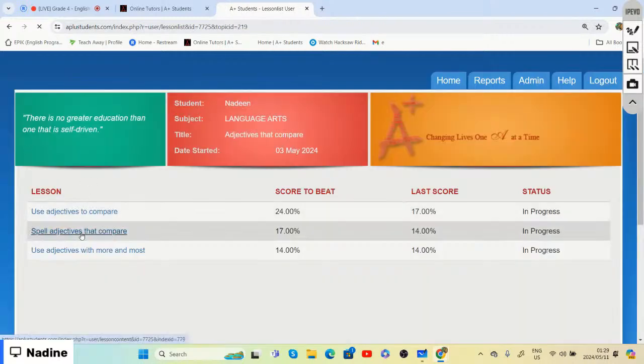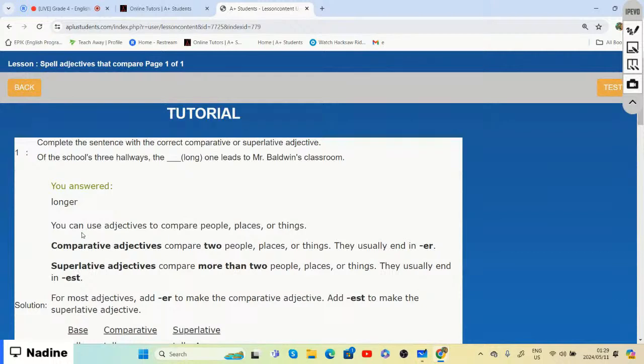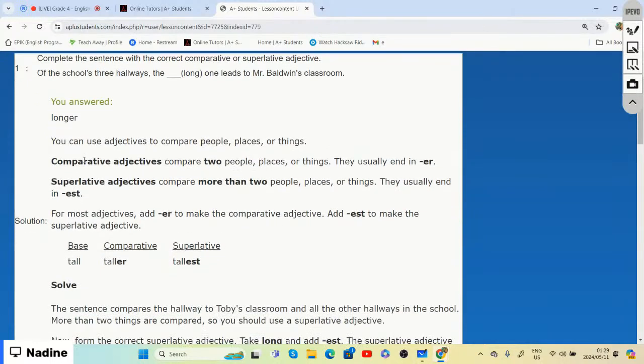So now we're going to spell adjectives that compare. And we say that you can use adjectives to compare people, places, or things, right?